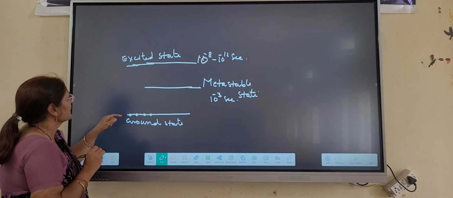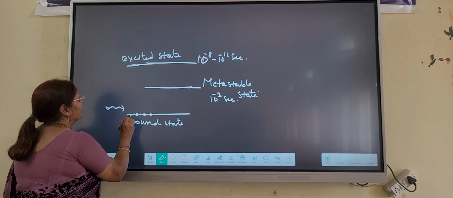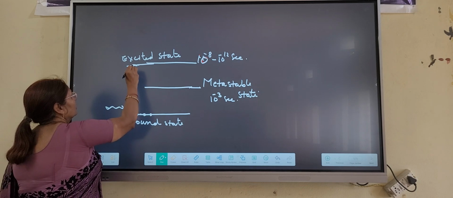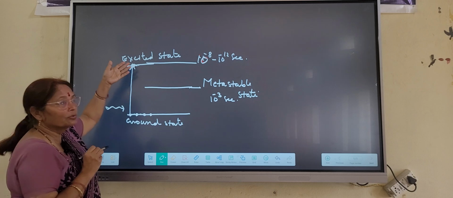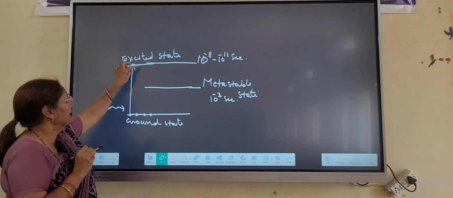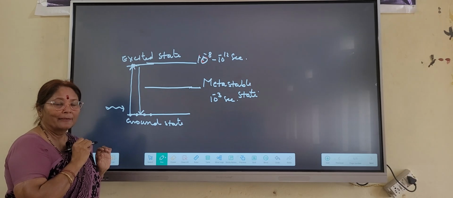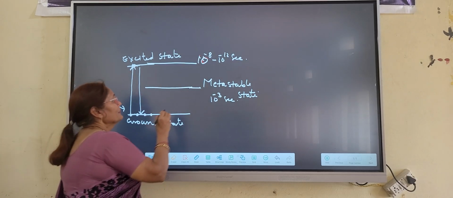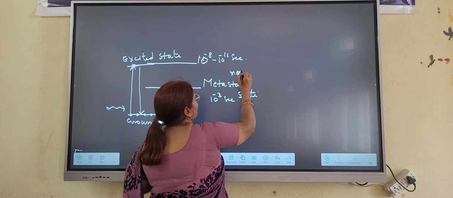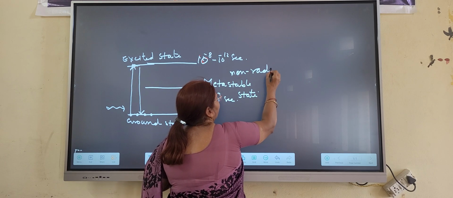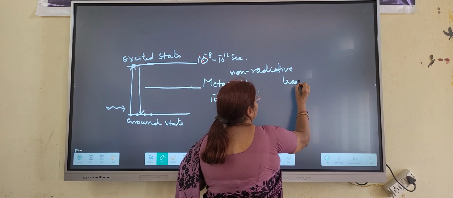Now, what happens if I give a photon to this atom? Due to stimulated absorption, it will go to the higher excited state. And when the atom goes to the higher excited state, it may come back to the ground state either spontaneously, or sometimes through non-radiative transitions.